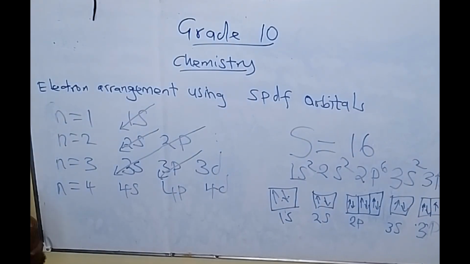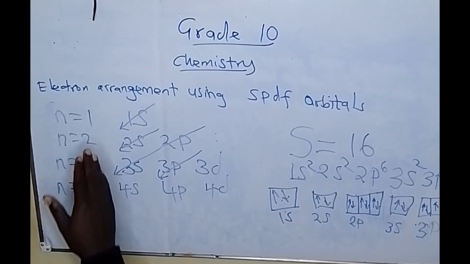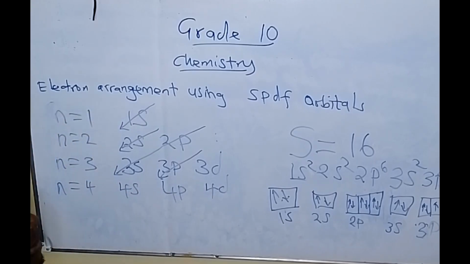That's why they are in opposite directions. And then we are saying the lowest energy levels are filled first, you start from n equal to 1, filling downwards like that. And I think those are the rules all the grade 10 learners need to know.